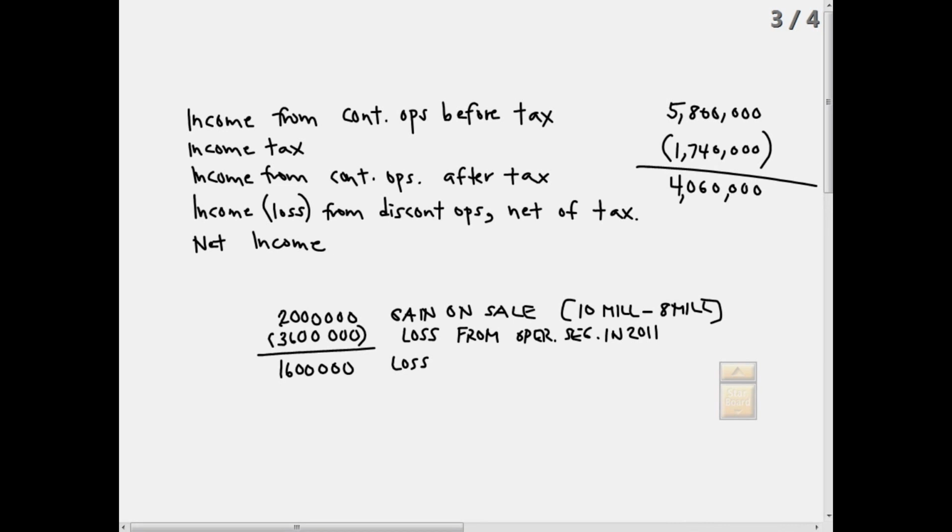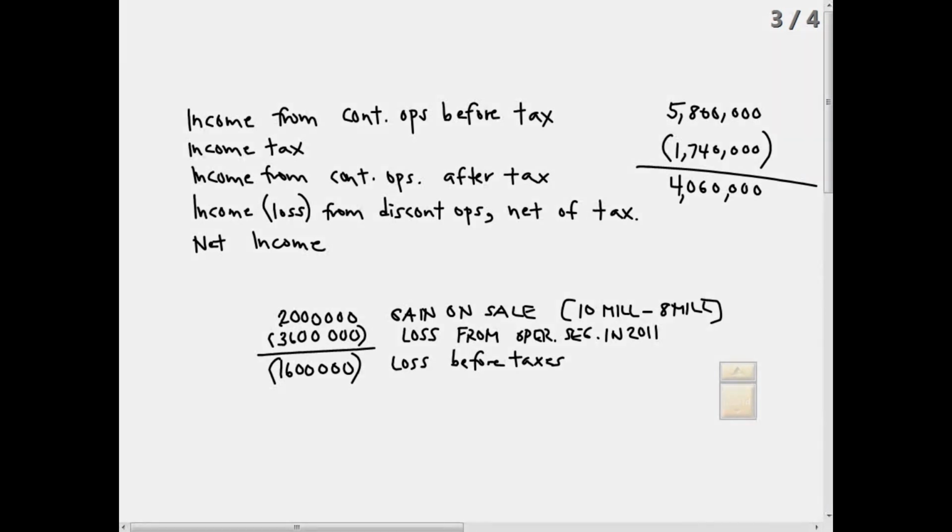Is this before or after taxes? It's all before taxes. Okay, so 1.6 before taxes. What would the tax be on this? $480. Is it plus taxes or minus taxes? So normally we have to pay taxes on stuff. But if we have a loss, they give us a tax break.